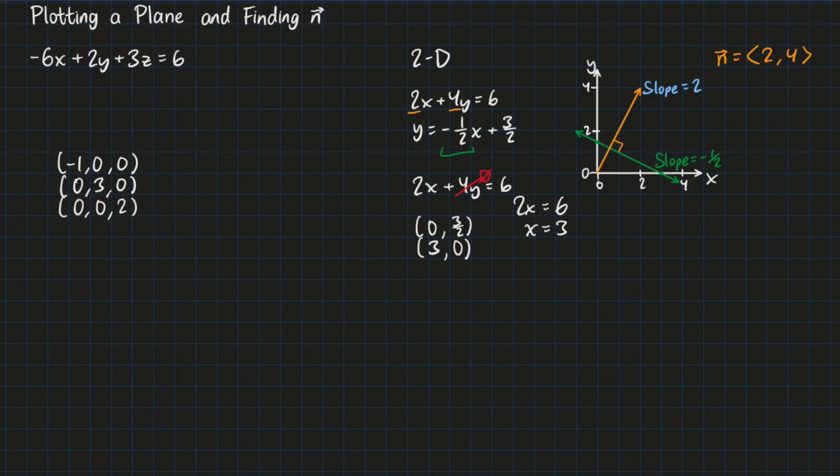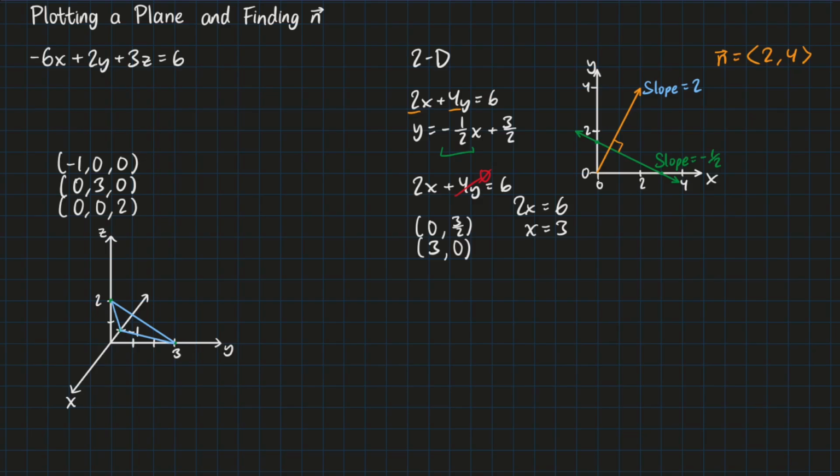So we can start plotting this. So first here's negative 1, 0, 0, and then 0, 3, 0, and then 0, 0, 2. So with these 3 points, we can make out a triangle. And this triangle is a piece of the infinite plane.